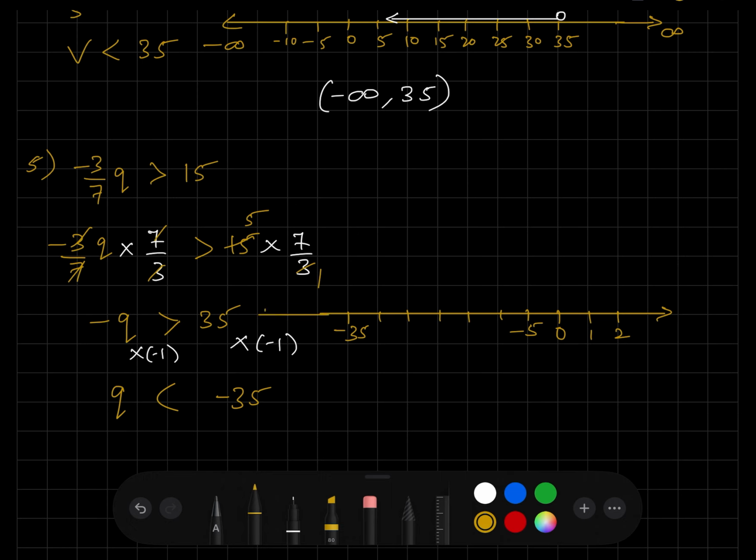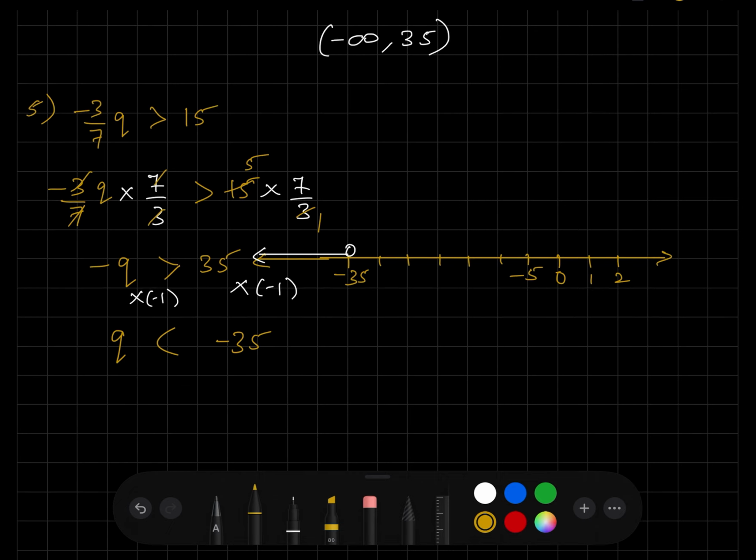Let us extend it, and here it would be a hollow circle and a line. So this way we can show easily. We have to remember that whenever we multiply by negative 1, the inequality sign changes. If it is greater than, it turns to less than. If it is greater than or equal to, it turns to less than or equal to. Then coming to number 6 here.